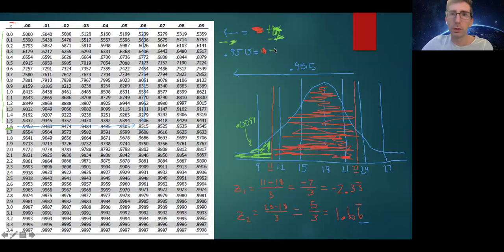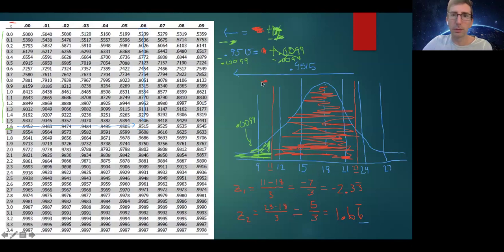That 0.9515 is equal to the red unknown plus this green bit of 0.0099. So now if we just subtract 0.0099, this goes away, right? 0.0099 minus 0.0099 is just 0.